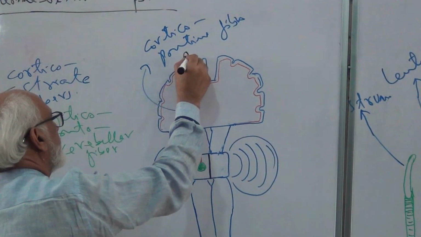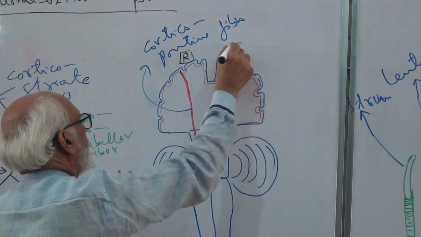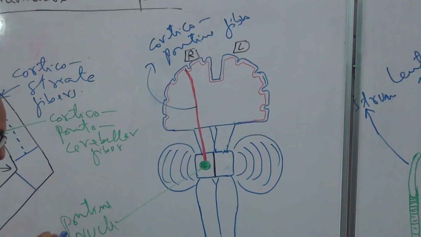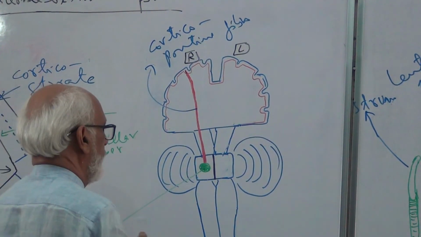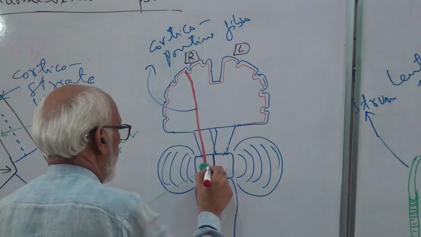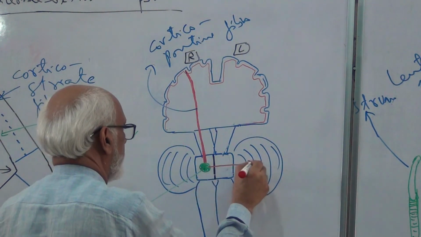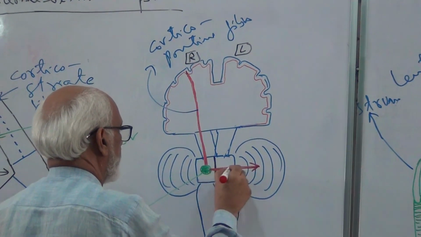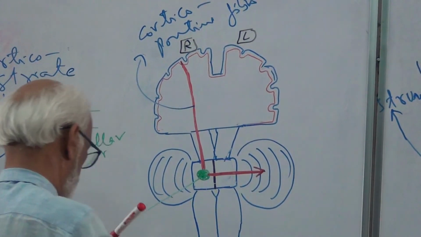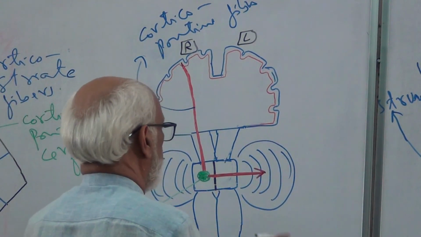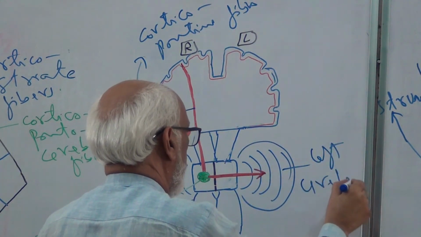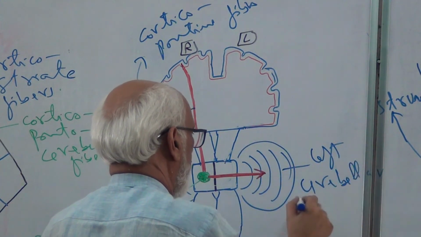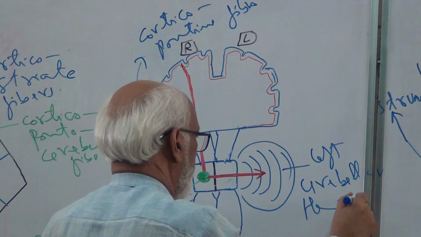For example, this is the right cerebral hemisphere, this is the left cerebral hemisphere. Then from here, the fibers continue, cross the midline, and terminate in the opposite cerebellar hemisphere. This is, suppose, the left cerebellar hemisphere.